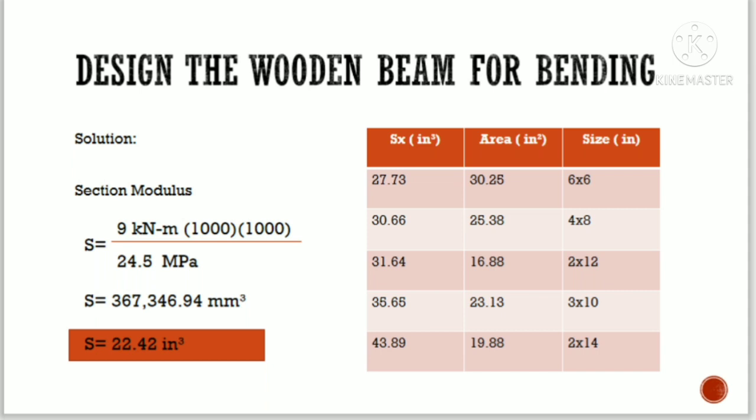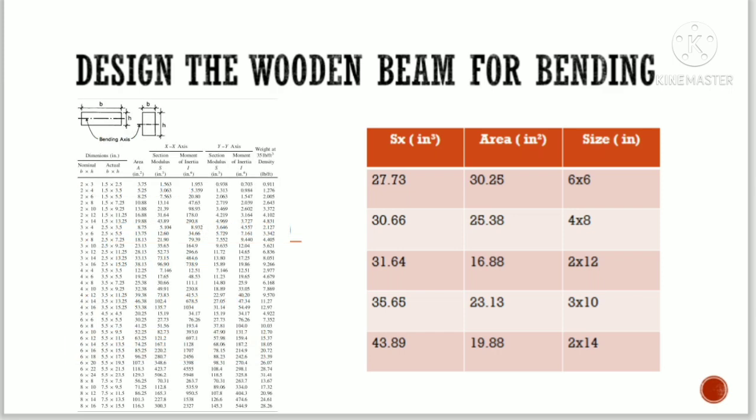So this time we're going to select 5 sections where the section modulus is higher than the actual section modulus, which is 22.42.